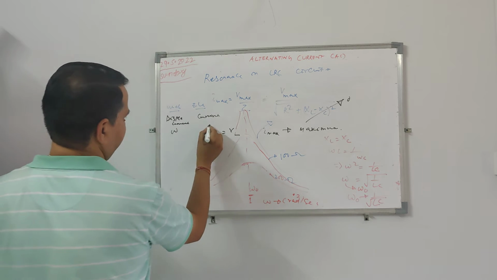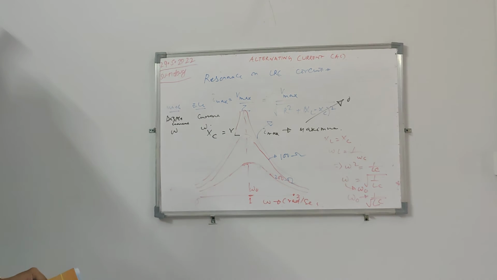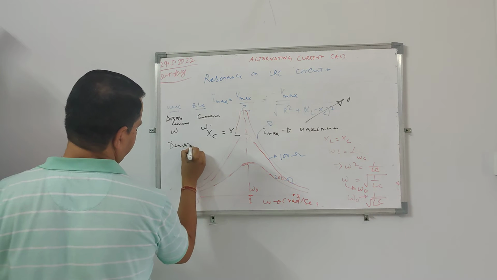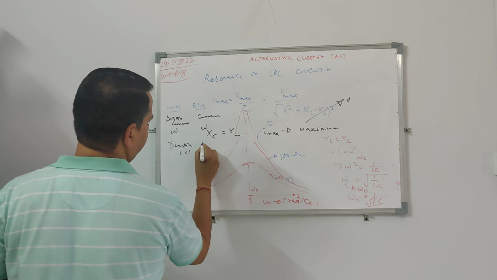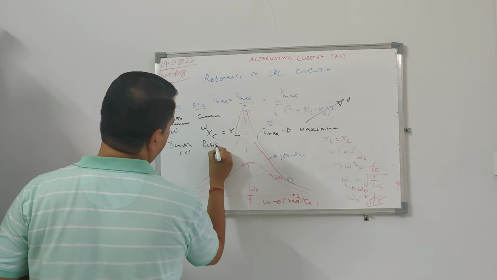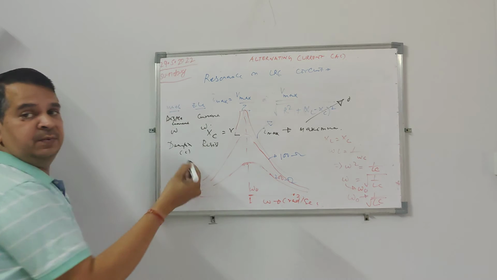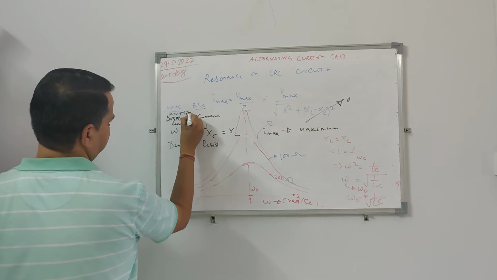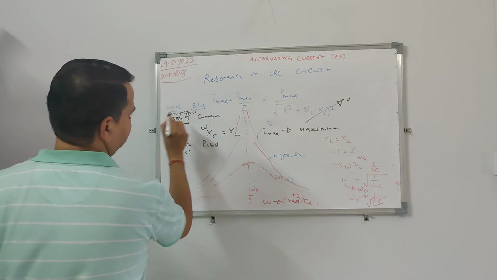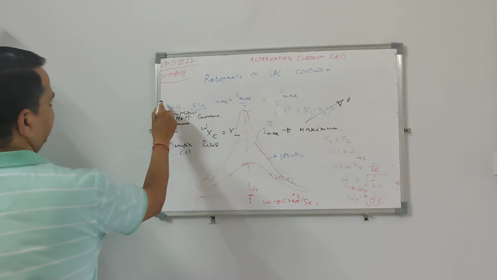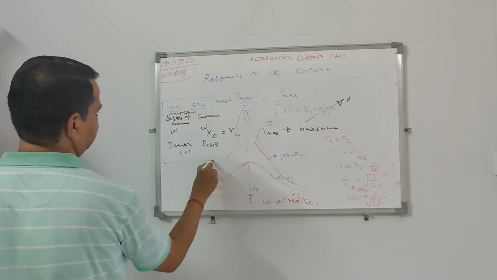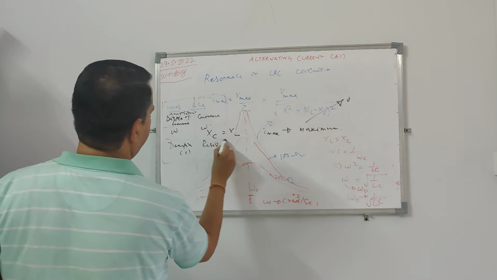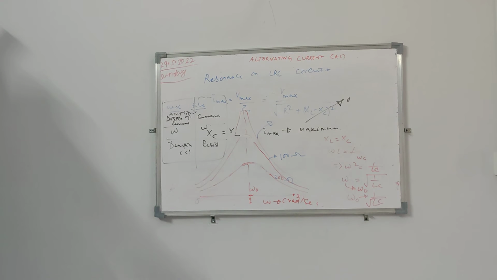Frequency remains the same. In mechanical it was damping, in electrical it is resistance. Displacement means the amplitude of displacement, the maximum displacement. So you compare mechanical with electrical like this, one to one: displacement, current, and resistance.